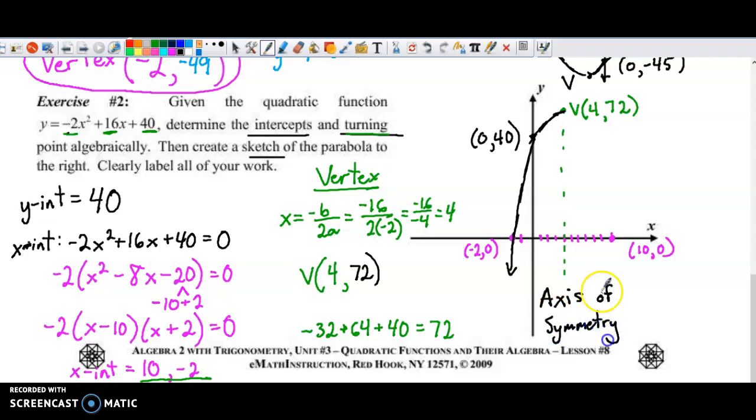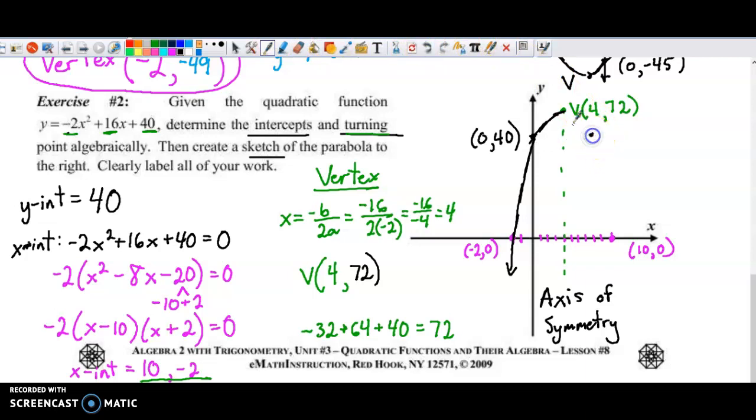And the reason why we call it that is every point is symmetrical on the other side. That's why this distance of 6 has to also have a distance of 6 on the other side. But I might be getting a little bit ahead of myself on this explanation. But the reason why I say that is if (0, 40) is 4 units away on this side, then it's got to hit again 4 units away on the other side.